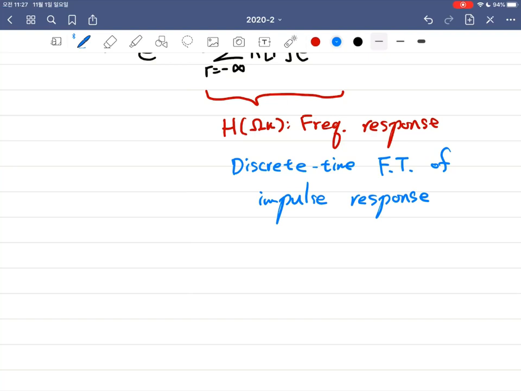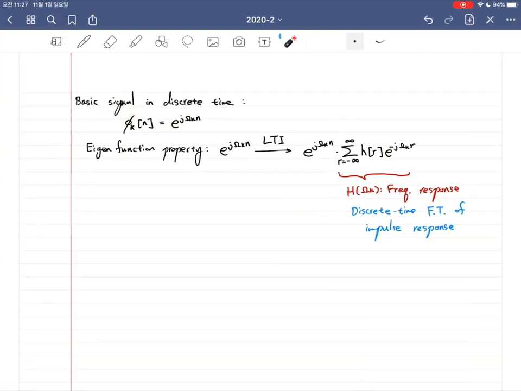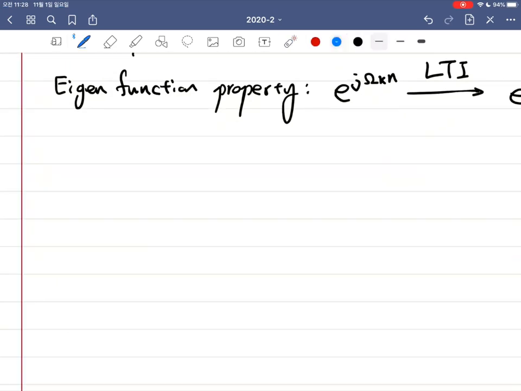Okay, so it's practically the same thing, however, it's in discrete time now. As we have done for the continuous time, we will start with the periodic signal. Remember? We will start with the periodic signal, and then we will extend to the non-periodic signal, which in fact was the generalization. Okay?